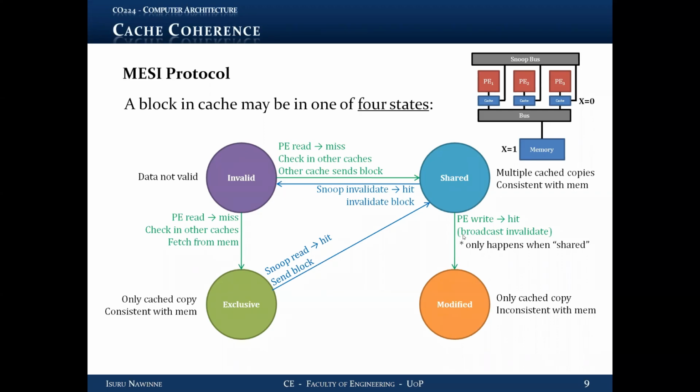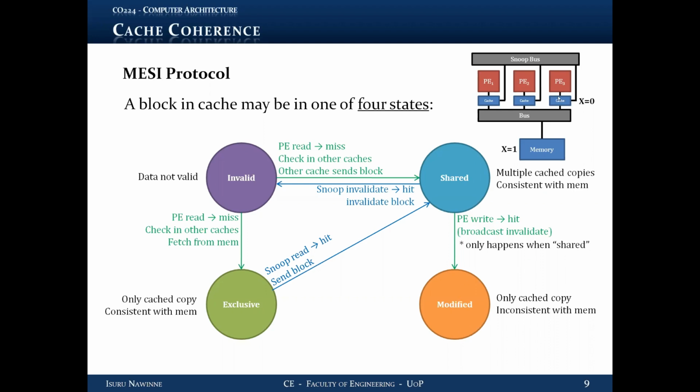So what do we do? It's a hit, we update the value. At the same time, we broadcast the invalidate request through the snoop bus. We receive the CPU write, it's a hit, shared block. We update the block, send a broadcast invalidate signal through the snoop bus, and change the state from shared to modified, right?